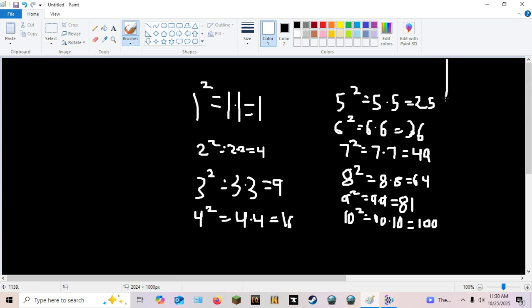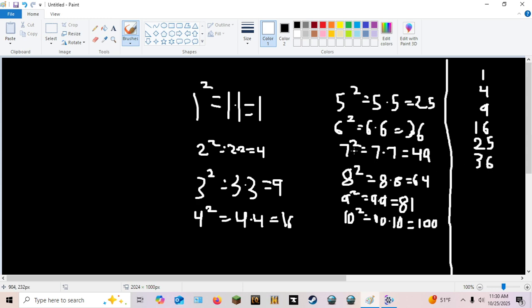Now I'm gonna split it up over here, okay? 1 squared is 1. 2 squared is 4. 3 squared is 9. And then 4 squared is 16. And then 5 squared is 25. Hold on. I don't know why my 5 looks swappy, but you get the point. Now 6 squared is 36.